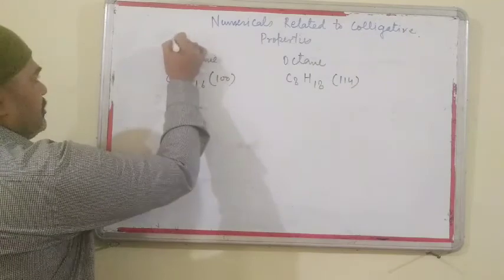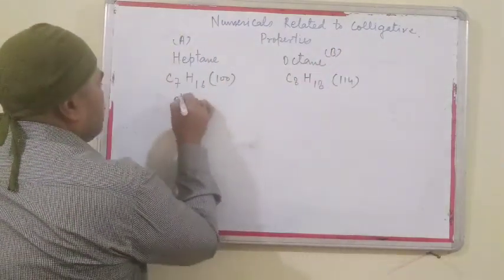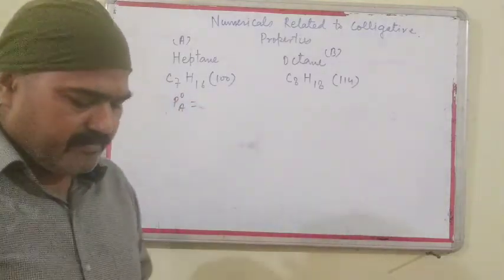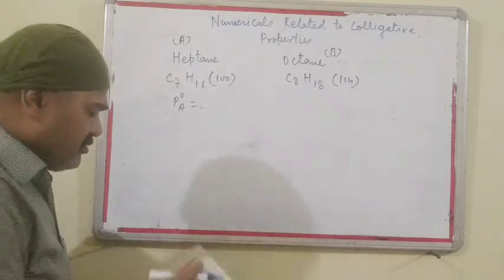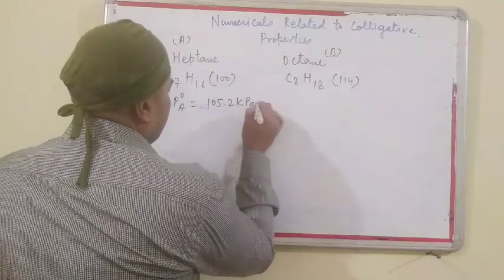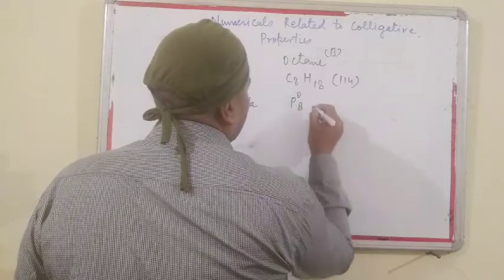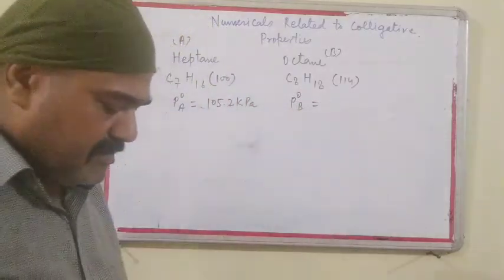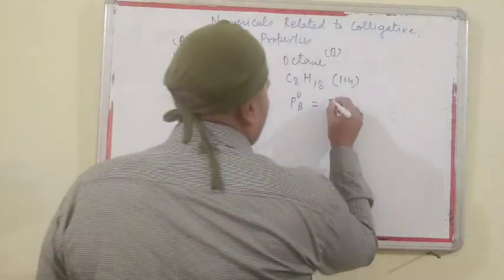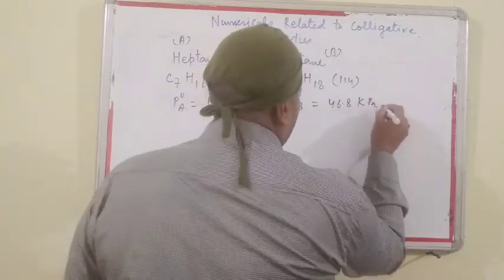Suppose this one is A and this one is B, then P0A is given 105.2 kilopascal. And let this be B, so P0B, its vapor pressure in pure state, is given 46.8 kilopascal.